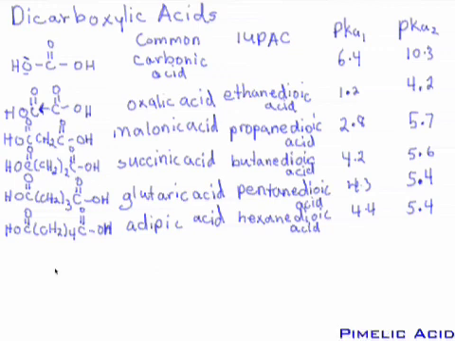And the last dicarboxylic acid based on alkanes is going to be heptane dioic. Of course, that's going to have 5 CH2s. And that's called pimelic acid.